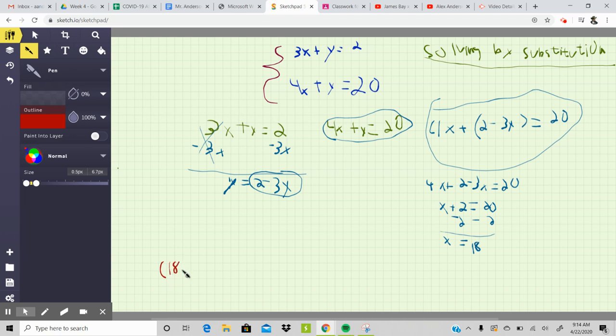18. Now I can plug or substitute 18 into either of these equations, and I can figure out what my y value is. All right, so I'm just going to plug it into this first one. So if I go 3 times, I'm going to plug 18 in for x.